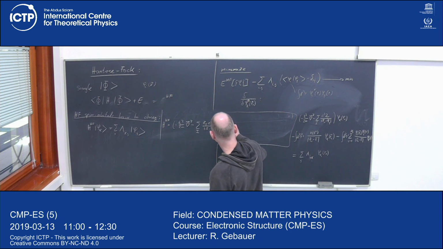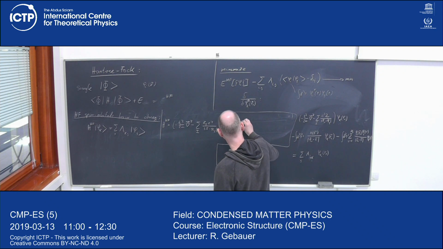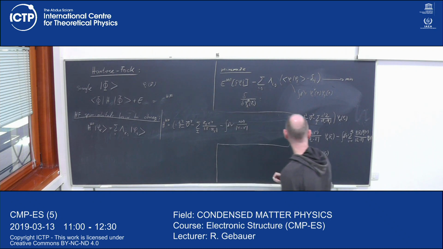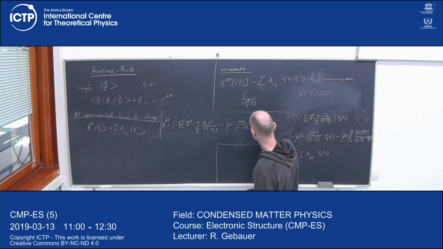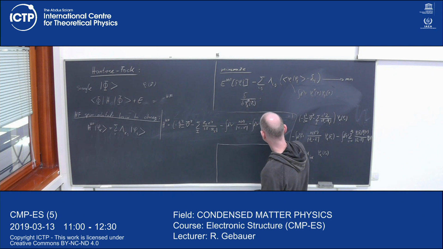minus integral d3r prime, and r prime divided by r minus r prime, d3r prime, and here we have also the sum over j phi j of r phi j r prime divided by.